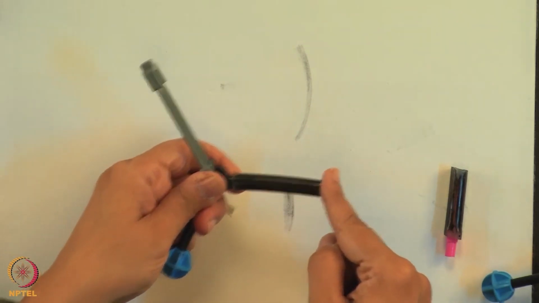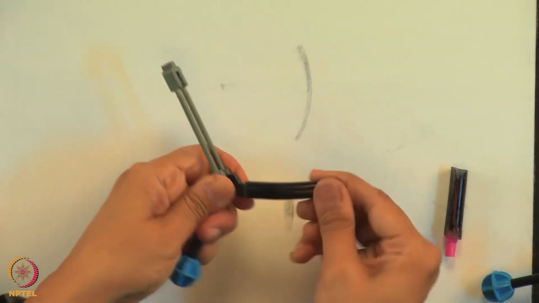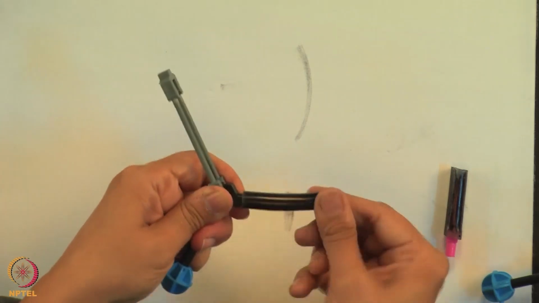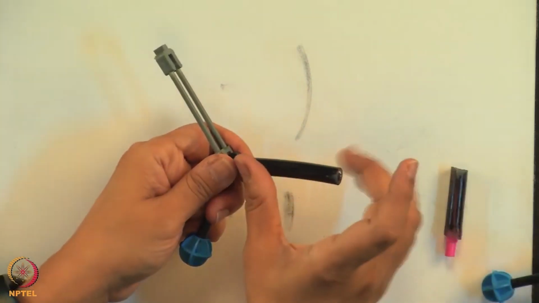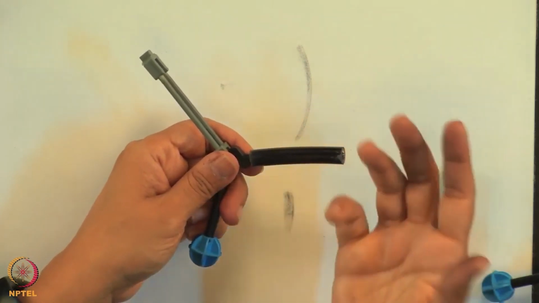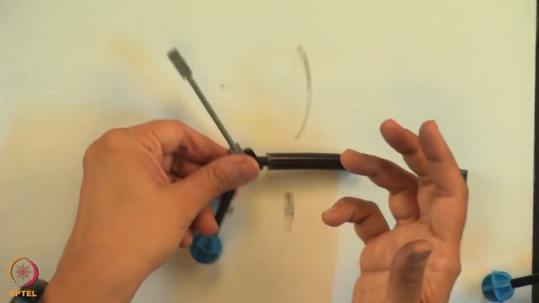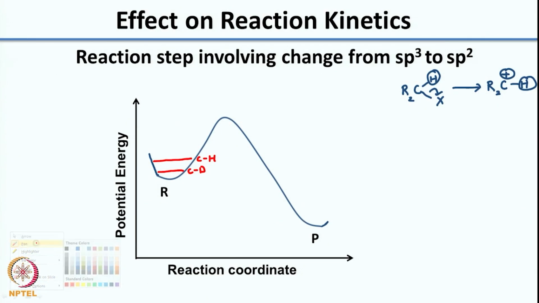So, CD would be lower in energy than CH, but in the out of plane bend, since it is not meeting any atoms above and below, it does not matter whether you put a big bond, a small bond, a very small bond, so it does not matter. So, CH over CD will not have a very large impact if you are talking about sp2. So, in the case of sp2, the energy difference would be less.